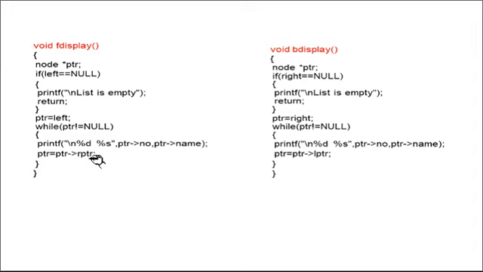If you follow the right pointer of each node, then you can easily traverse the node information part one by one, and using the printf statement we are printing PTR of number and PTR of name, so roll number and name of the student. So this is the forward display.